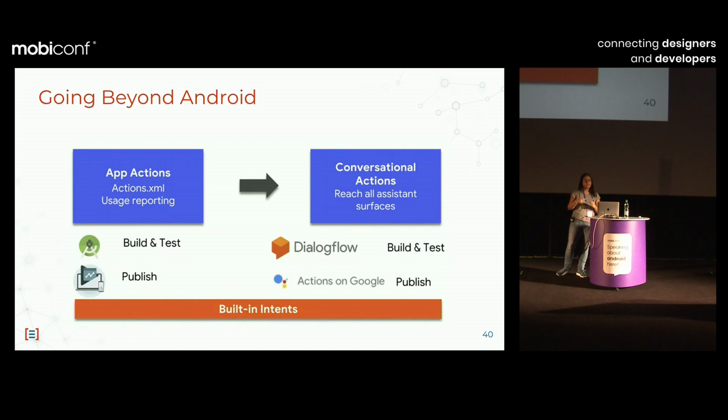If you'd like, you can create a conversational action using different tools, because it's a completely different kind of application. For this, you would use tools like Dialogflow. I don't know if any of you have experience developing apps for the Google Assistant and Dialogflow.